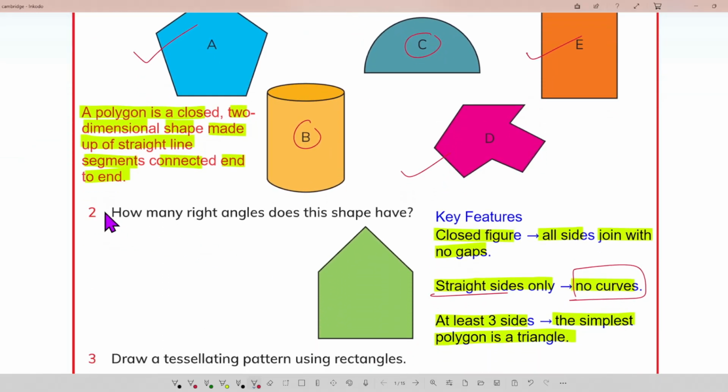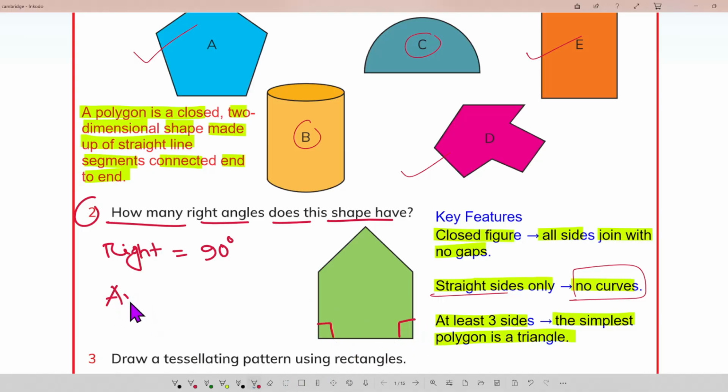Number 2: how many right angles does this shape have? So first, what is a right angle? A right angle equals 90 degrees. So here in this shape, this is 90 degrees, this is 90 degrees.